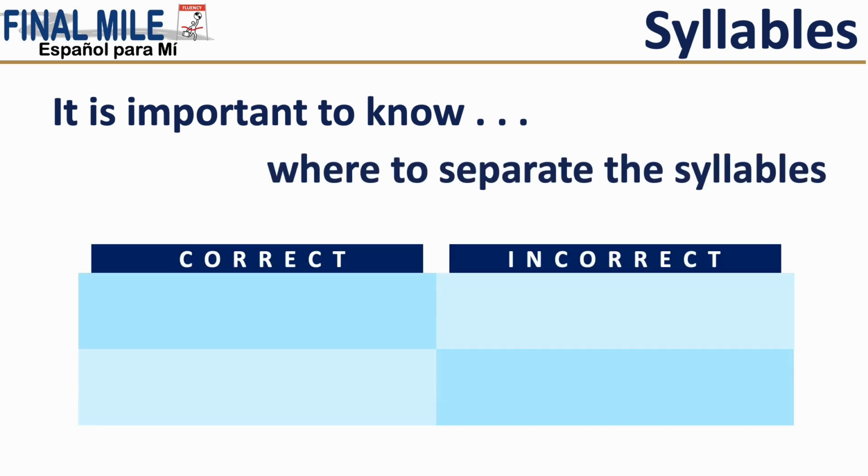Okay, it's very important to know where to separate the syllables. Again, in English, what would happen if we separated these syllables differently? Okay, ladle, okay, 2 syllables. If we put the D with the LA, this would sound completely different. Look at it. Read it like that. That would be ladly. That wouldn't work, right?